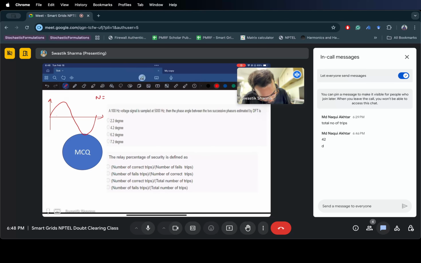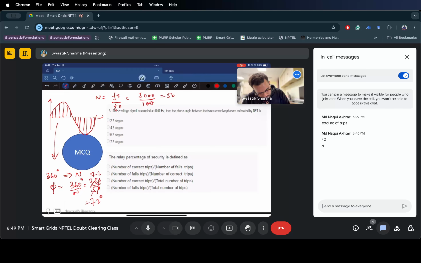That means the number of samples will be how much? 5,000 divided by 100, which is 50, right? So you have 50 samples coming from this sampling, and these 50 samples complete 360 degrees. So for any phasor, 360 by n, where n is 50, which is 7.2, right? So it is 7.2 degrees.